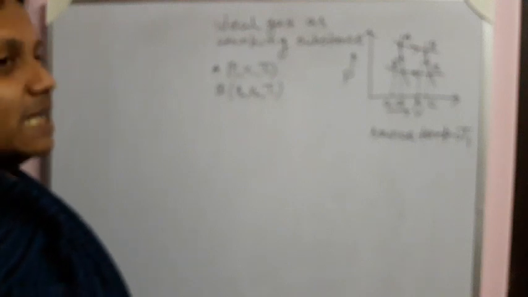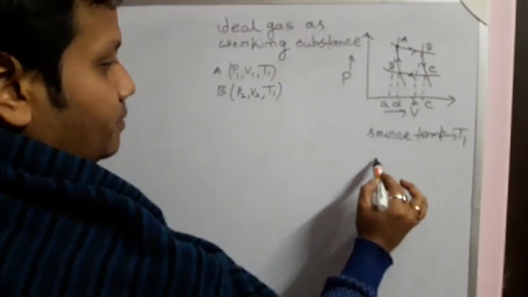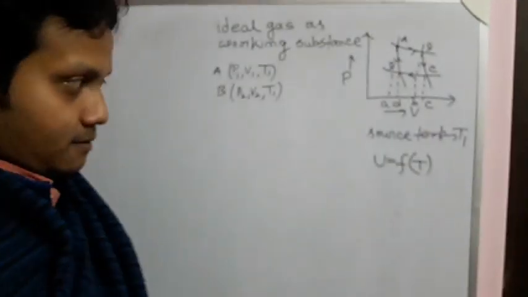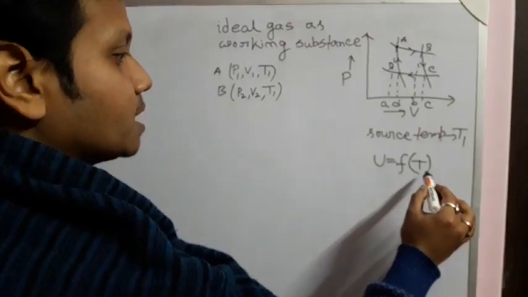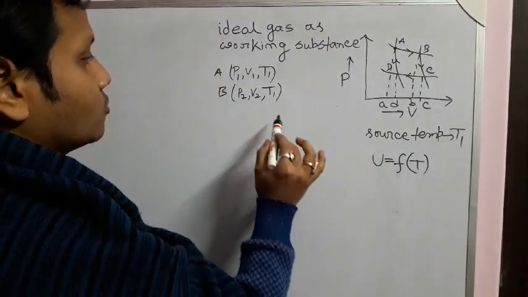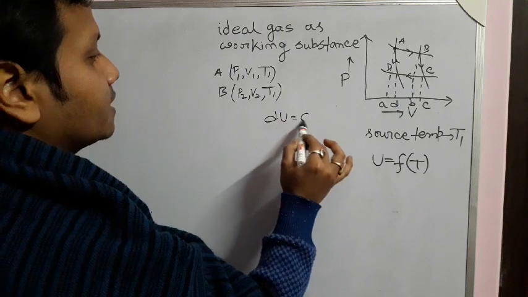Now we all know that in an isothermal process temperature remains constant, and we consider an ideal gas. In case of an ideal gas, internal energy is a function of temperature only, that we learned in the first law. So if temperature remains constant, internal energy remains constant, so the change in internal energy is 0.